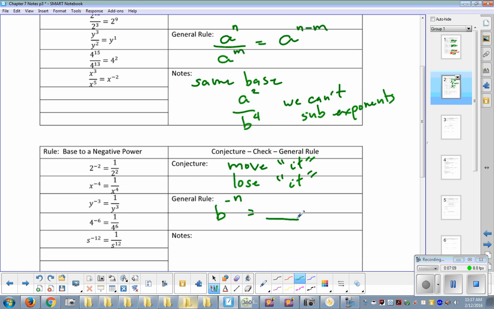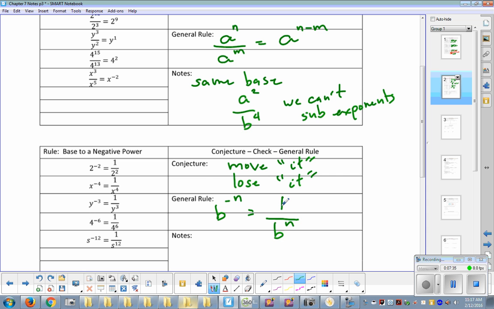I have the numerator and denominator. So this one is in our numerator. Just move this one. It will go to your denominator. We're moving the entire thing, but then you have to lose the negative sign. Of course, we can't complete this without the numerator, so you always have to put 1 as your numerator.